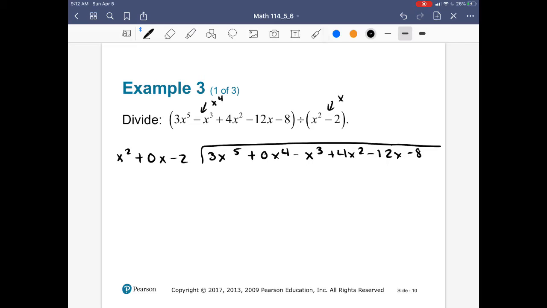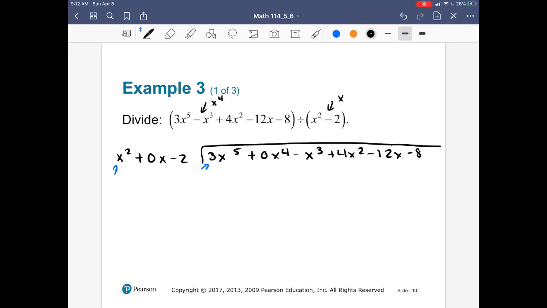So this first term must look like this first term. So that means we have x squared, so we're missing a 3 in the coefficient, and that has x to the 5th, so I'm missing x cubed to make it look exactly like that.